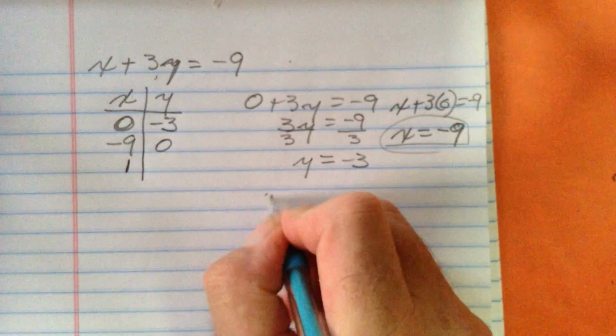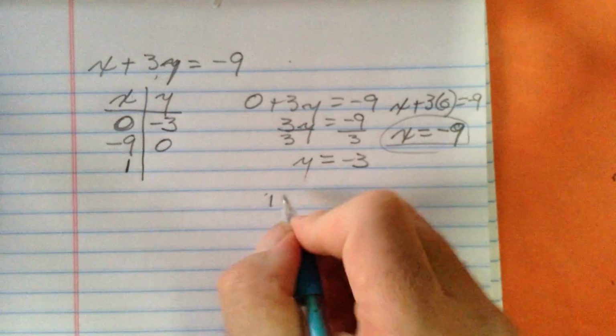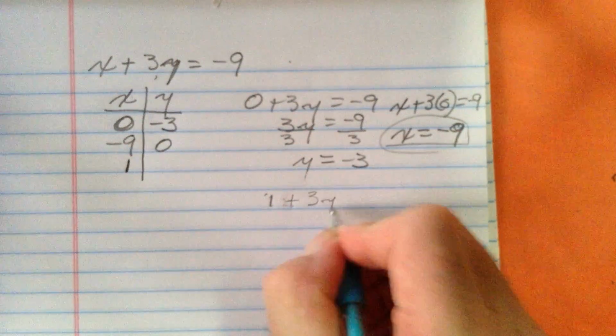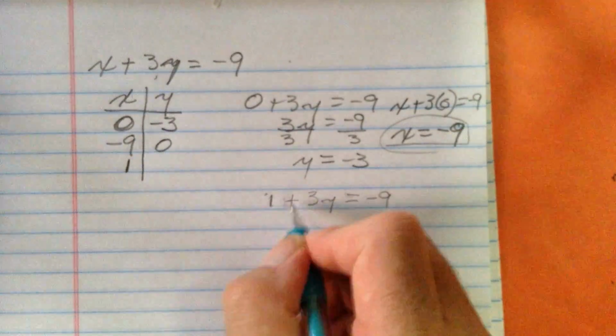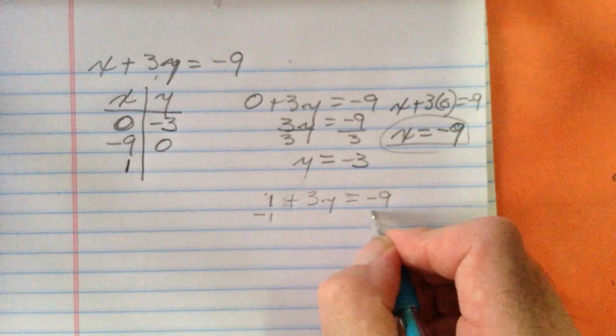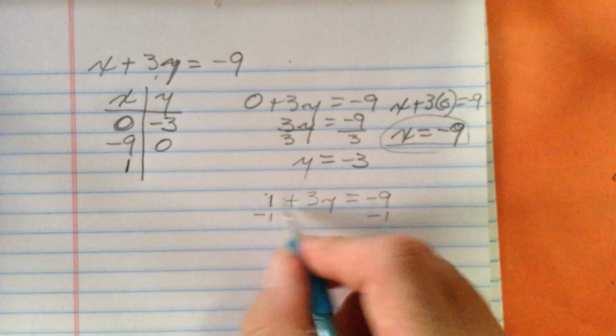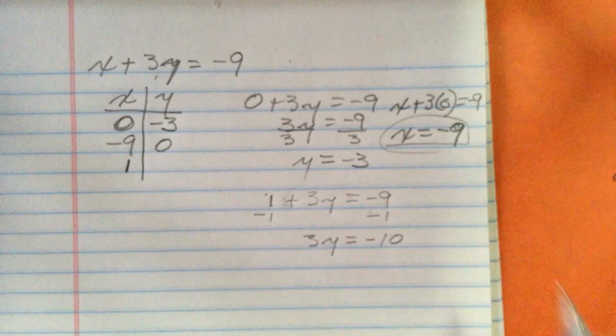I got x is 1 plus 3y equals -9. So I got to isolate the y, so I got to get rid of the 1 here. So I end up with 3y equals -10.